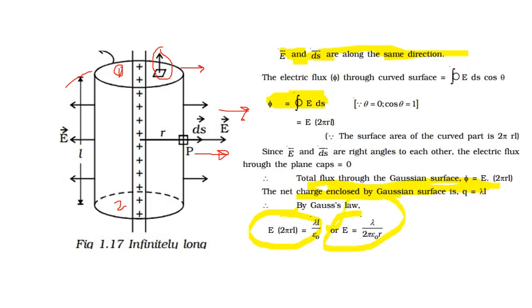E is equal to lambda over 2 pi epsilon 0 r. This is the value for an infinite line of charge, along the curved surface.